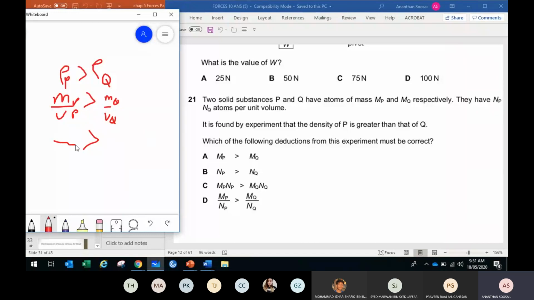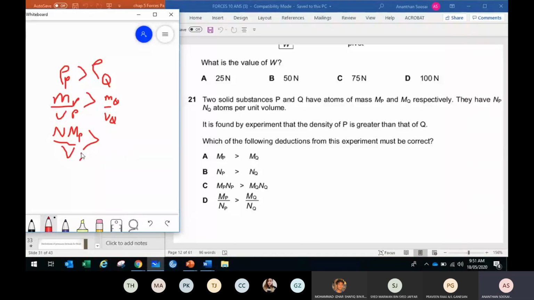So how do you write that? Number of atoms times the mass of one atom, MP, divided by volume is the density, right? N is the number of atoms, times the mass of one atom, makes the total mass, divided by the volume.